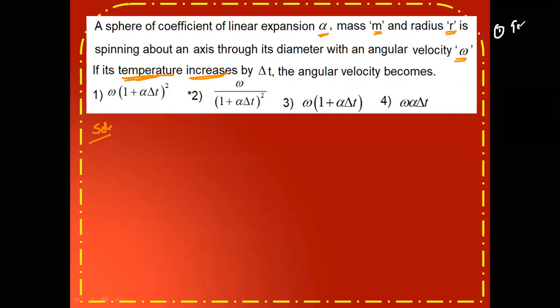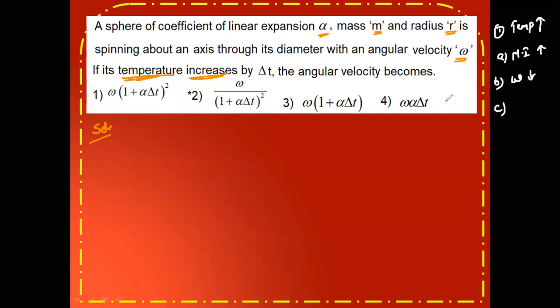The first point is that moment of inertia increases, and the second point is that angular velocity decreases. Sir, what is angular velocity? What is moment of inertia? Those things you can learn in the chapter, system of particles.